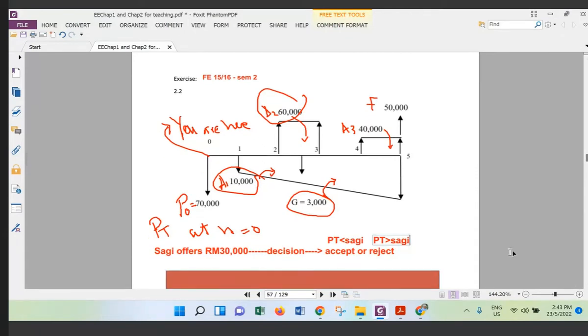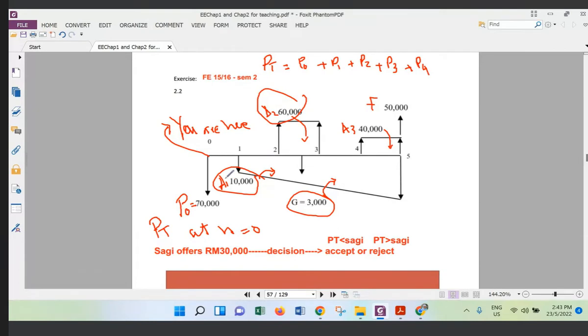Alright, so now what we want to do is you have P note. Your P total is equal to P note plus P1, plus P2, plus P3, plus P4.